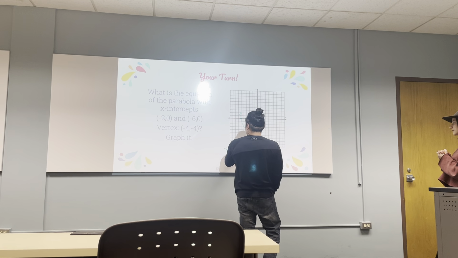Alright, so this is the last two little problem chunks that we're going to go over. Now we're finding the equation using the graph, so we have to pull the pieces we're missing off the graph. We already know we need our x-intercepts and our vertex. Those are pretty easy to pull off the graph.